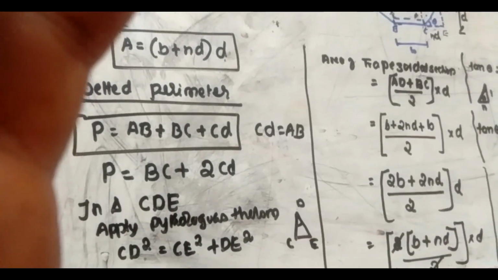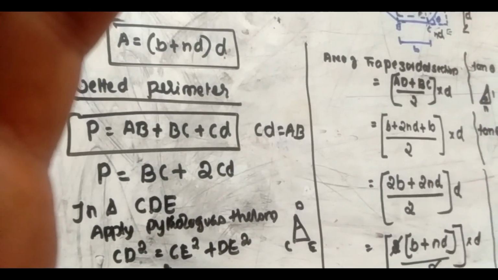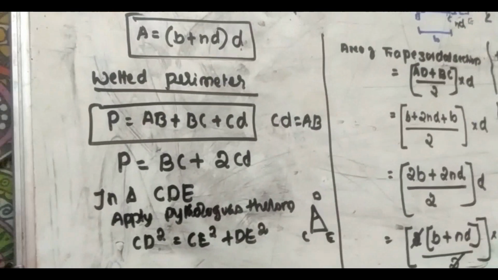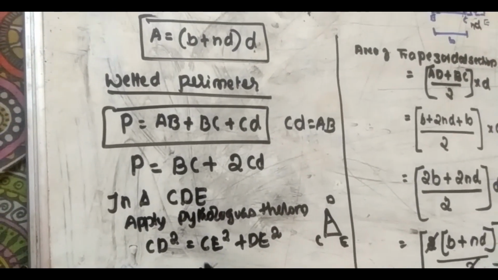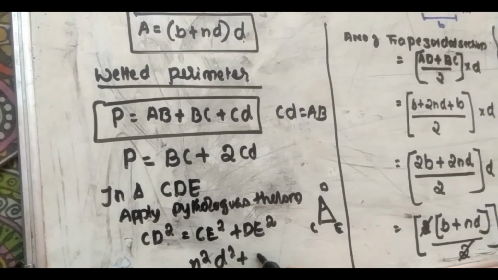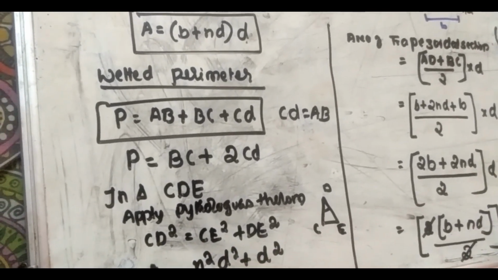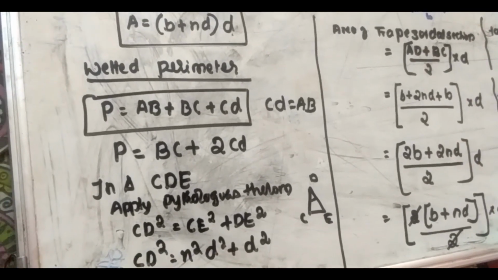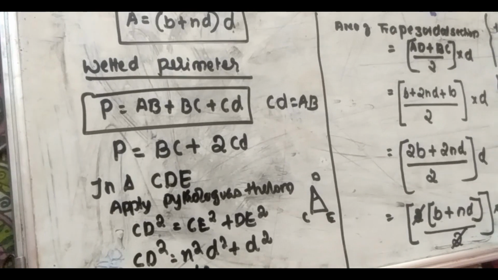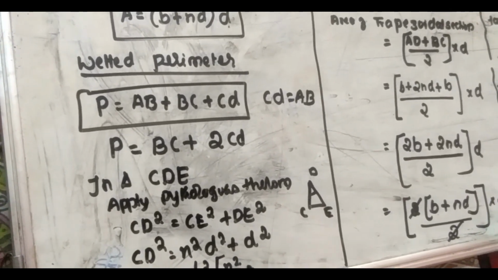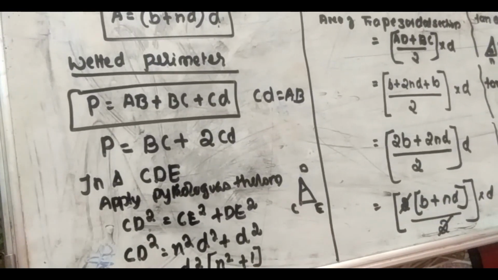CE square is equal to N square D square, and DE square is equal to D square. So CD square is D square plus N square D square.